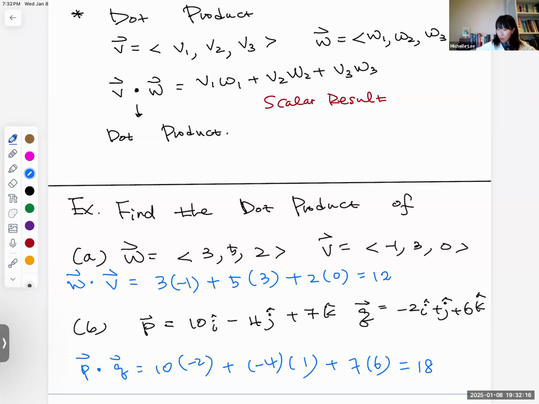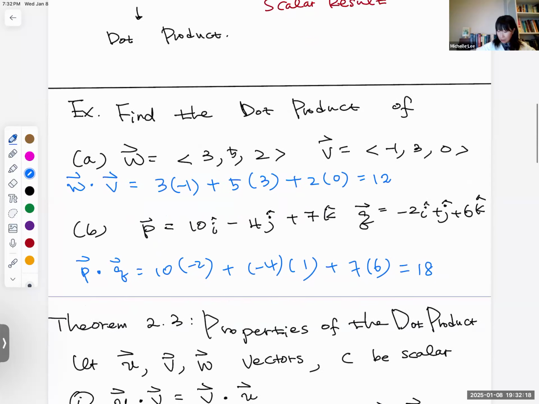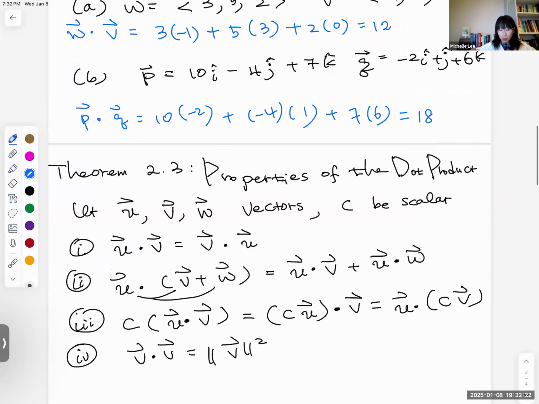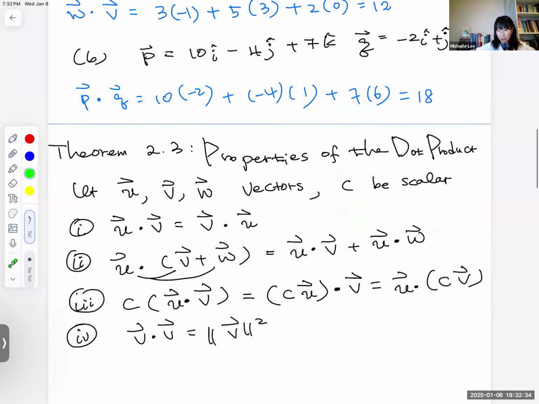Okay. Now we have theorem 2.3, properties of the dot product. So we have vectors u, v, w, and c is a scalar. Scalar means real number, right? And if we have a dot product, then it is commutative.